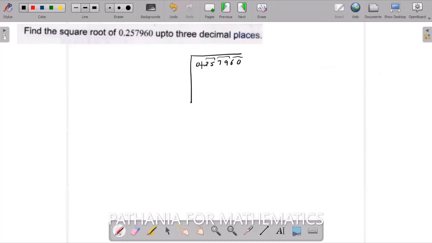The division starts for the values after the point. So you can apply a point here. The best is 5 into 5 is 25. Subtract, move the next pair, do the double of the quotient.